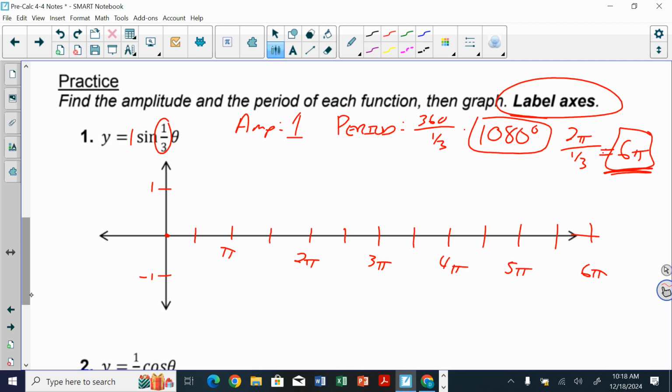So now I know that what's going to happen is it's going to start here at 0, 0, because it's a sine curve, start at 0, 0, but it's not going to restart until we get to 6 pi. So we'll be increasing this way, so it's coming from down here, and we're going to go up, and it's going to really stretch out now.